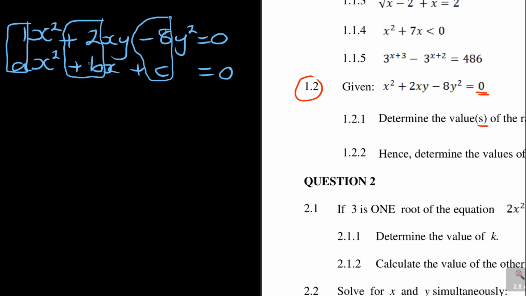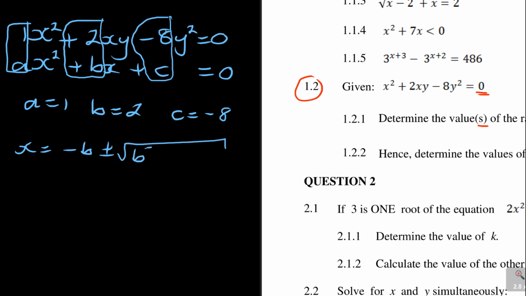You can actually find the values of x here by saying, remember, let's say you're solving for x. Look what you're going to come up with. So my a is 1, my b is 2, my c is -8. Remember, x is equal to minus b plus or minus square root of b squared minus 4ac all over 2a. Just want to show you a few things like that.